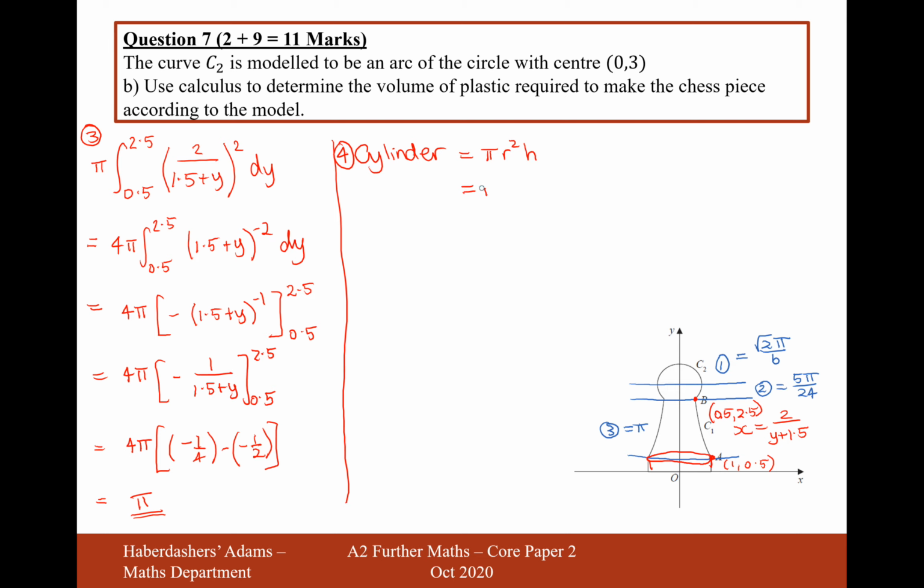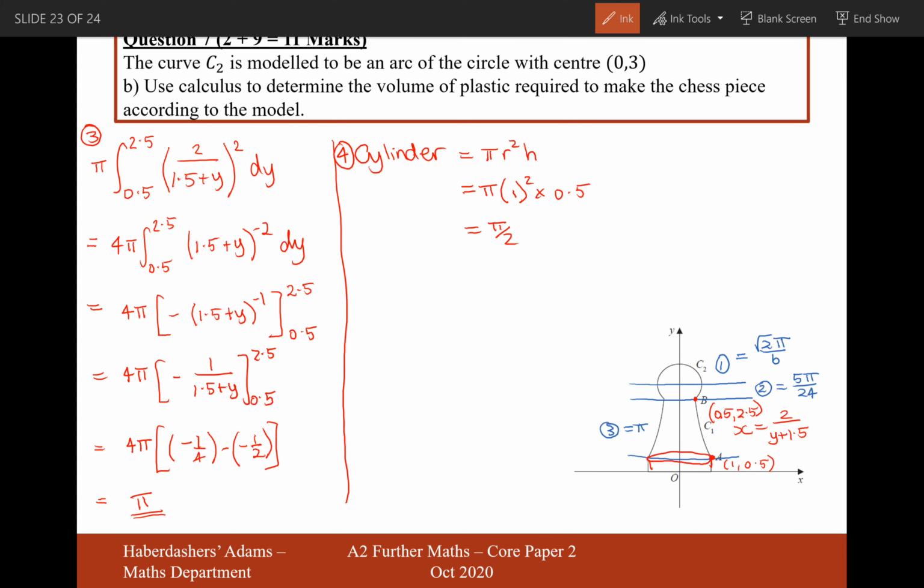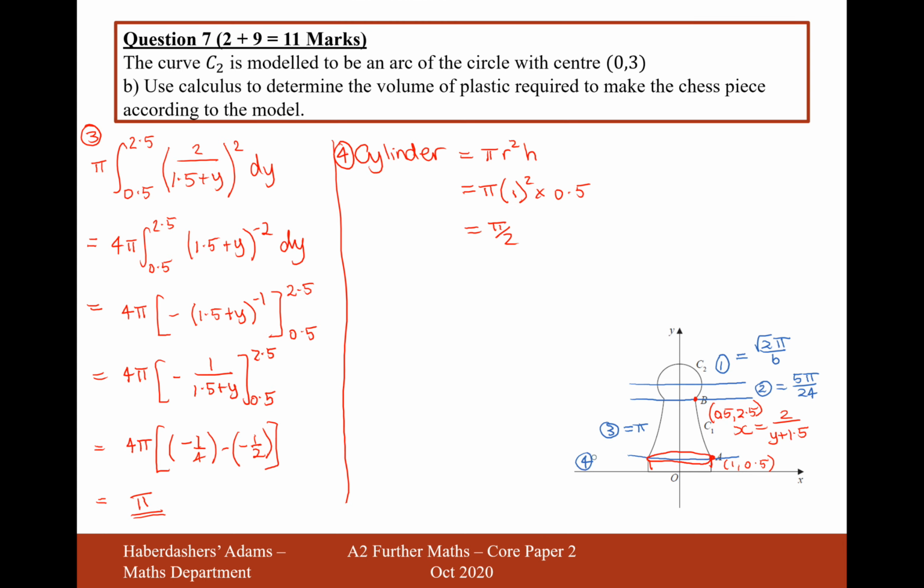So it's going to be equal to pi times by 1 squared times the height of the cylinder, which will be 0.5. So it's just a half pi. Right, so we've now got all 4 of these volumes. Volume 4 is equal to pi by 2.